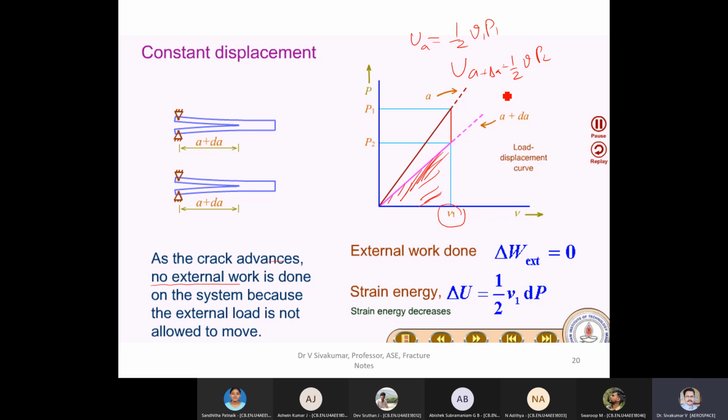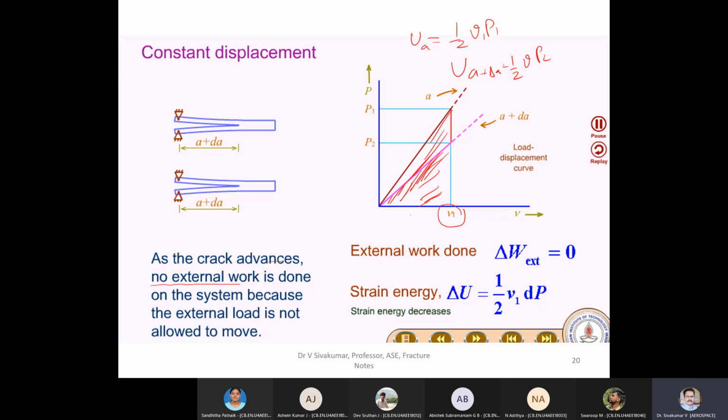Now I have this and this, so what is the difference? What is the strain energy difference?